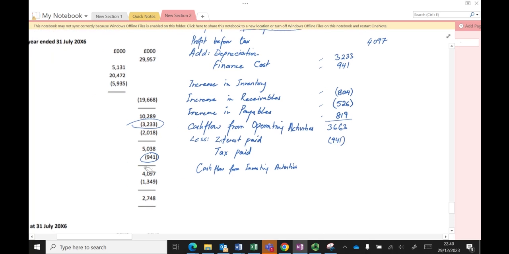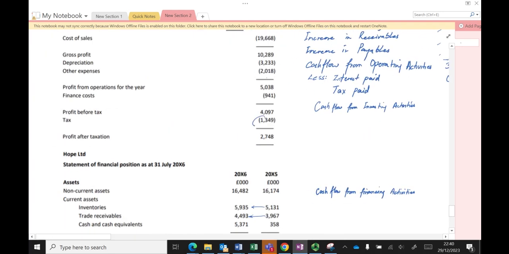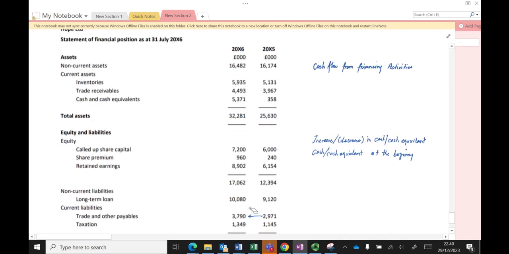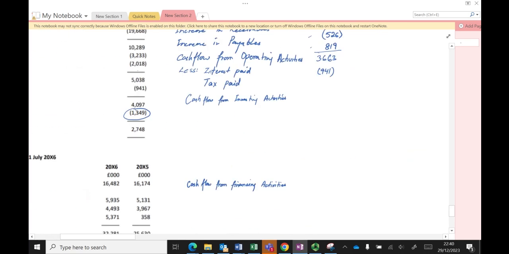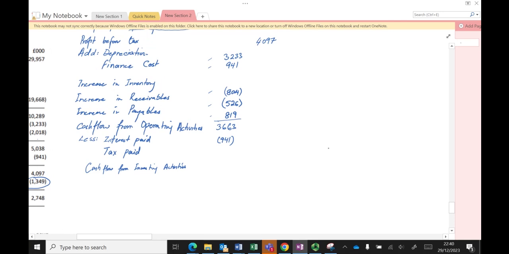Looking at the tax figures, this is the tax that has been recorded as an expense. Let's check the liabilities if there is an opening and closing balance. Yes, there is. Therefore, I need to open a T account to find out how much tax has been paid, not charged in the income statement, but paid.